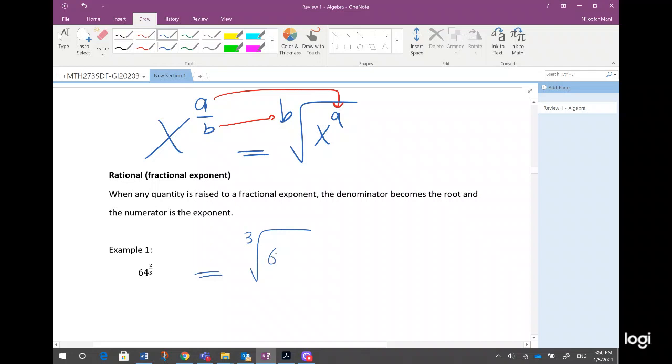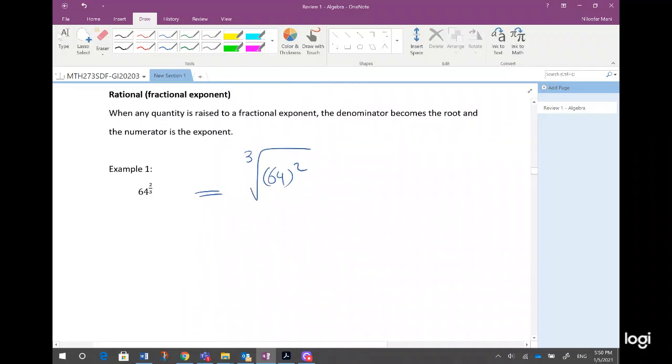So this is the cube root of 64 squared. I can use a calculator here, but if you were my student from last semester, you know you can simplify. I have a cube root, so I have to make everything power 3.